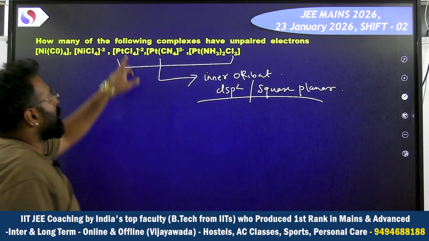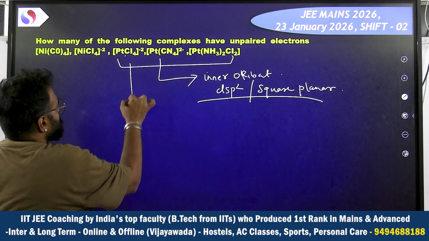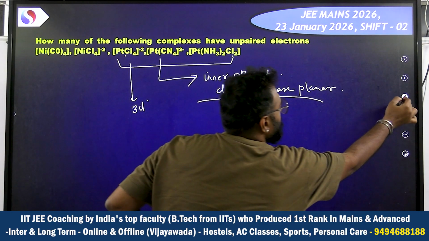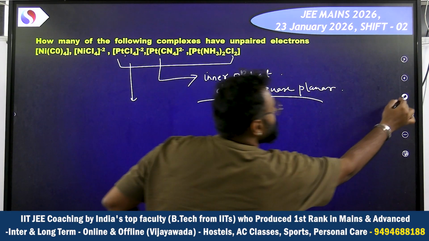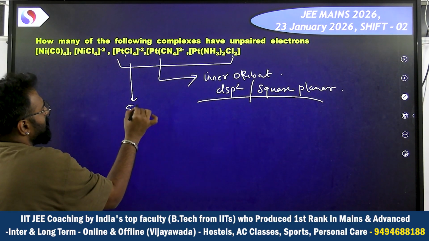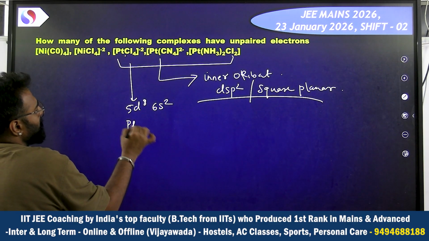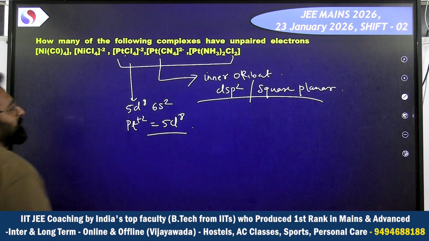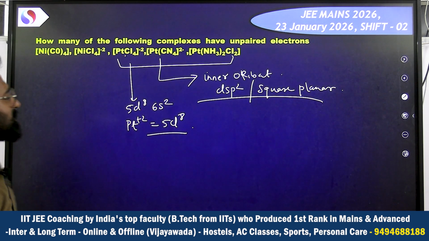So obviously all these are not possible. Bole sir, why not possible? If we see the configuration of platinum, it is 5d8 6s2, and for platinum plus 2 it is always 5d8. So this is a special case.